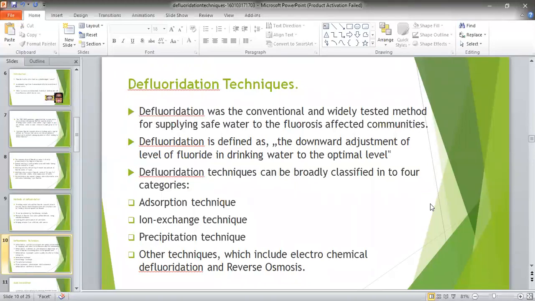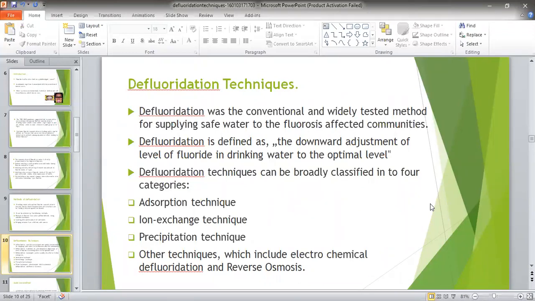So defluoridation is basically a conventional and widely tested method for supplying safe water to the fluorosis affected communities. Defluoridation is basically defined as downward adjustment of the level of fluoride in drinking water to optimum level.